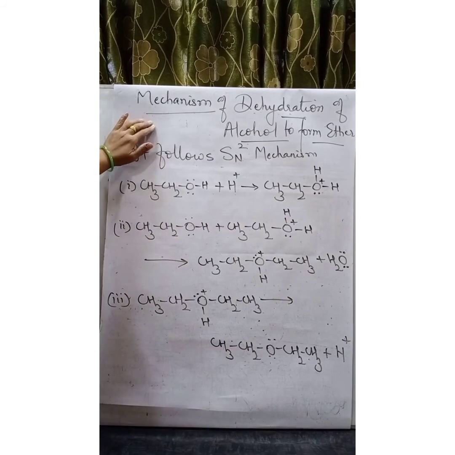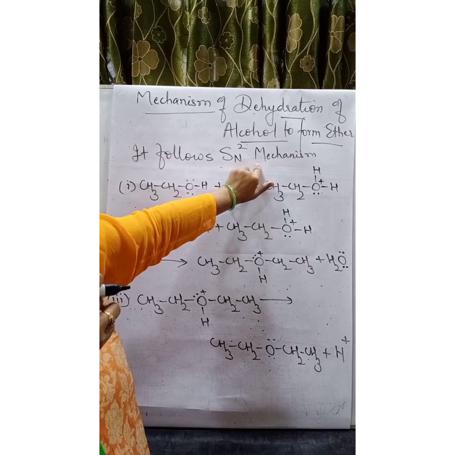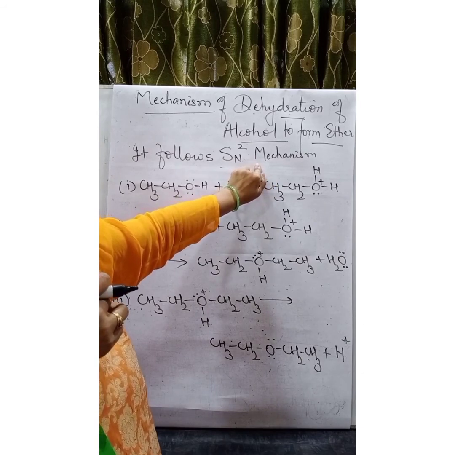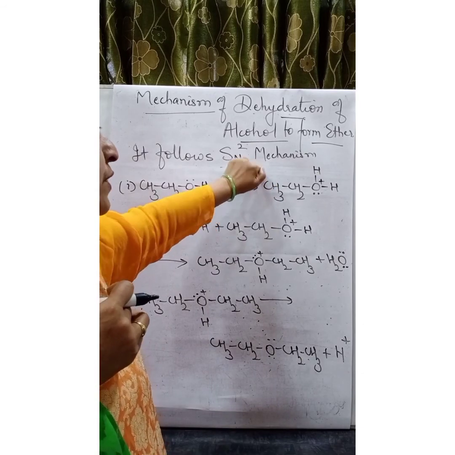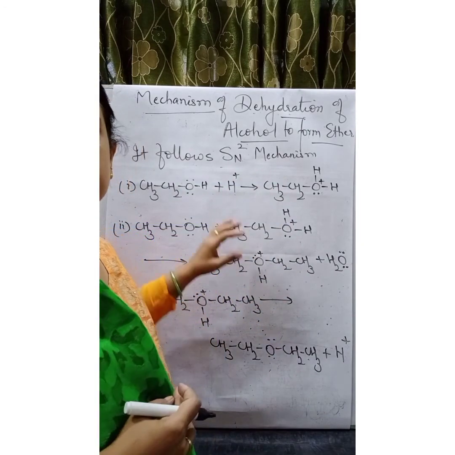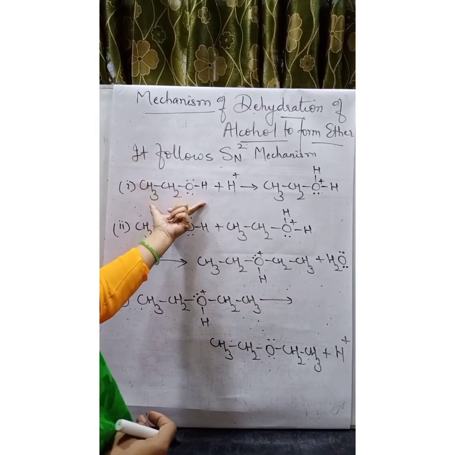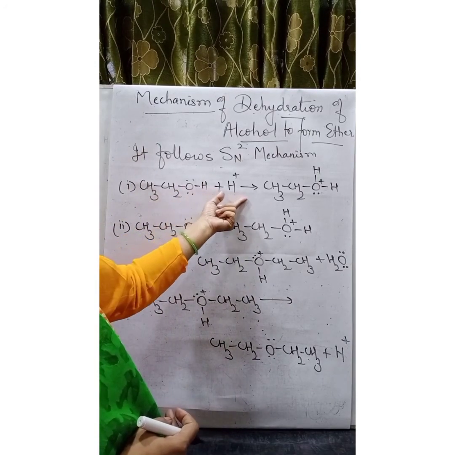The mechanism of dehydration of alcohol to form ether follows SN2 mechanism. That means the reaction takes place in a single step. For convenience, we are putting it down in 3 steps, but actually in practice, the reaction takes place in 1 step. In the first step, the molecule of alcohol gets protonated.